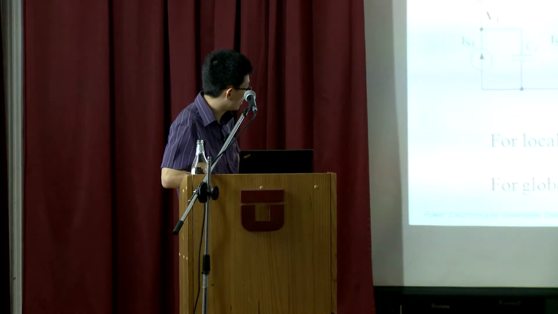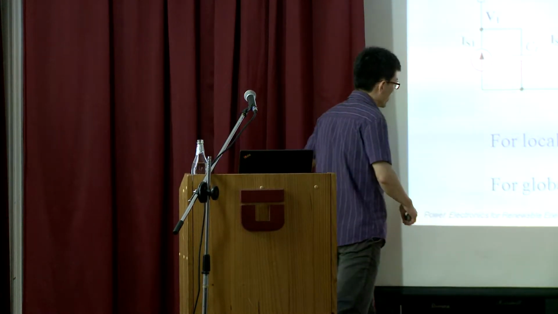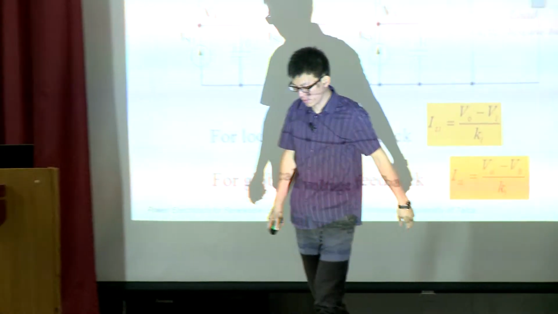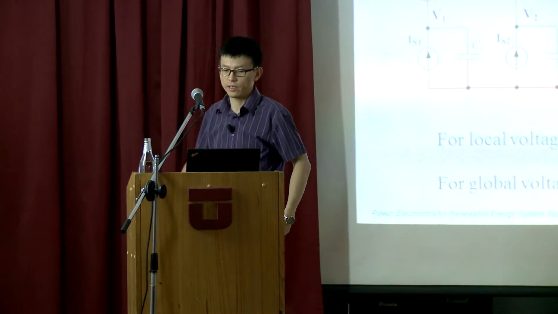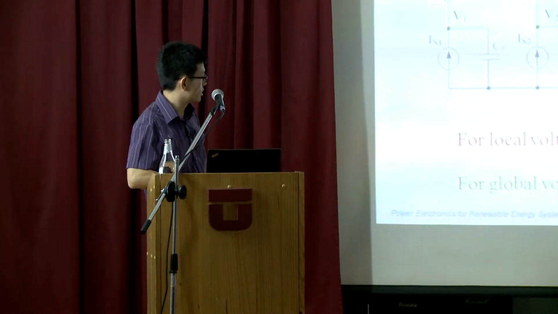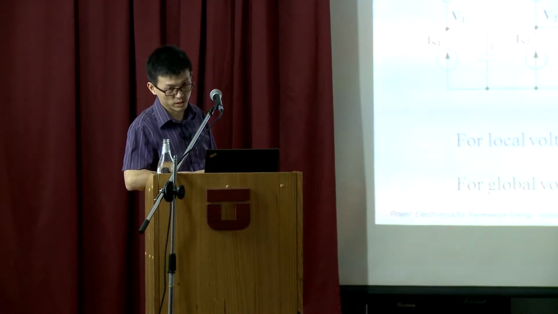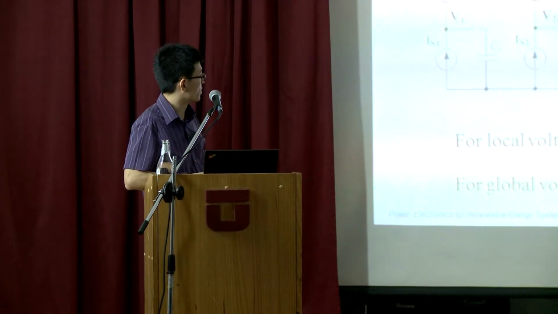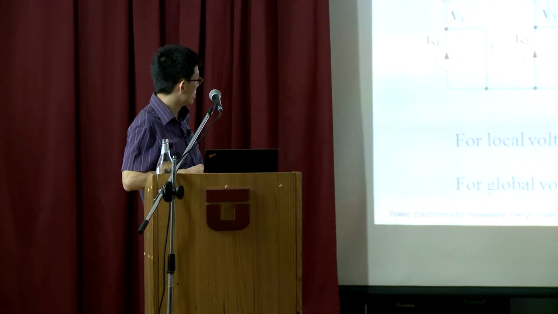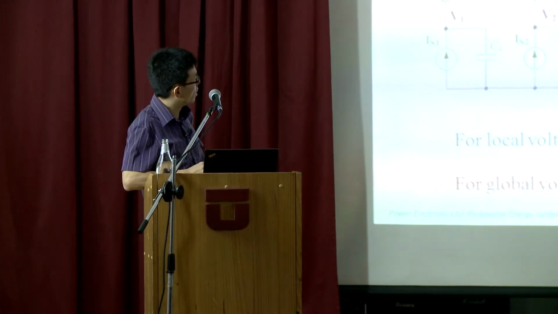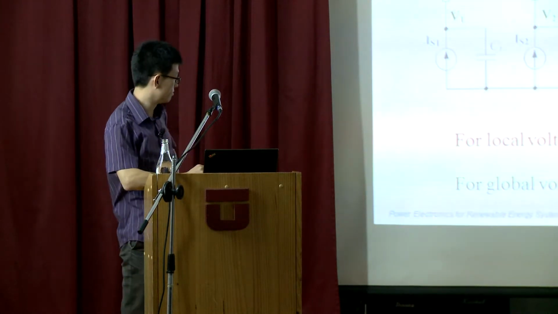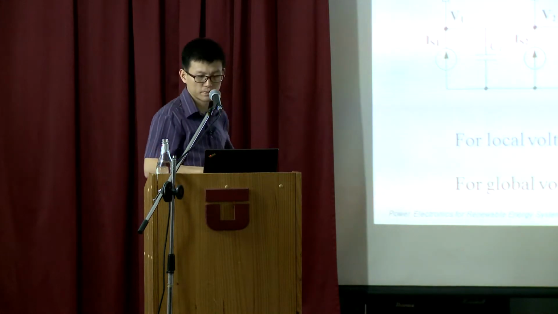For global voltage feedback, instead of a local voltage, you have a common DC bus voltage. So either you feed back the local voltages V1, V2, V3 to your droop gain, or you feed back the common DC bus VB to your droop gain.